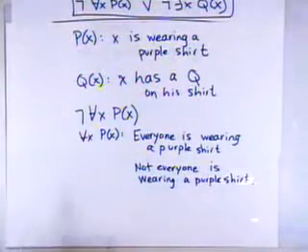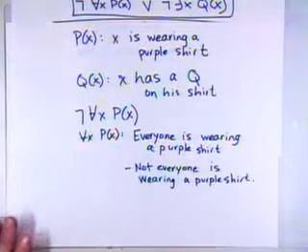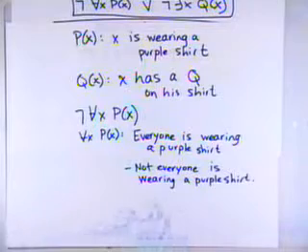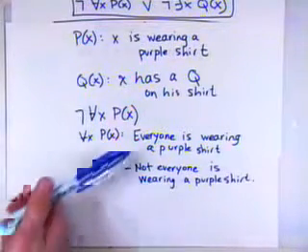They make a joke like, not everyone thinks that money will buy everything, right? People might say something like that, but we also want to figure out how to say it in another way so we don't have a not and an every in the same sentence, because it's kind of confusing. So how many people have to not be wearing purple shirts to make this false?